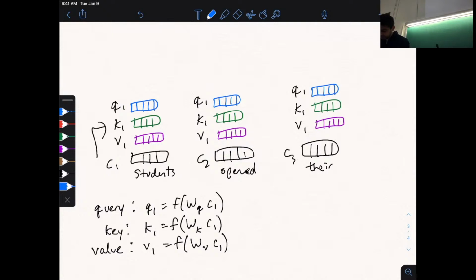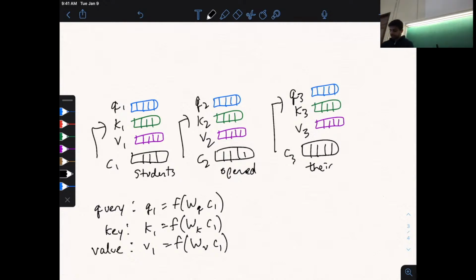Okay, so here I have, let's relabel these, Q2, K2, V2, and Q3, K3, and V3. So just like we computed Q1, Q2 equals F of W sub Q, C2.